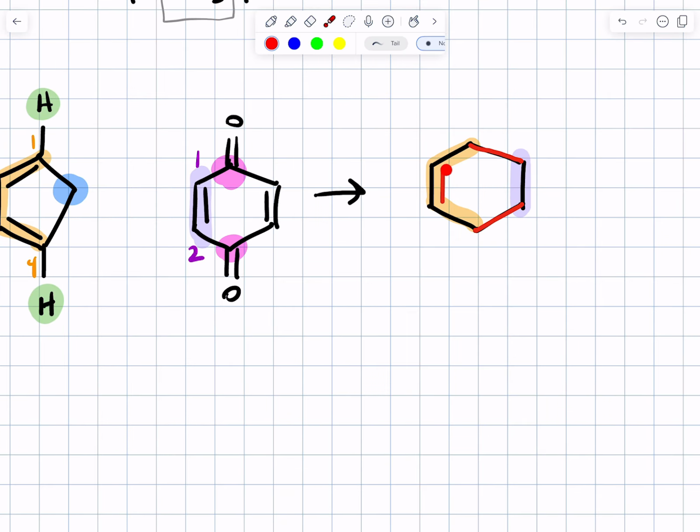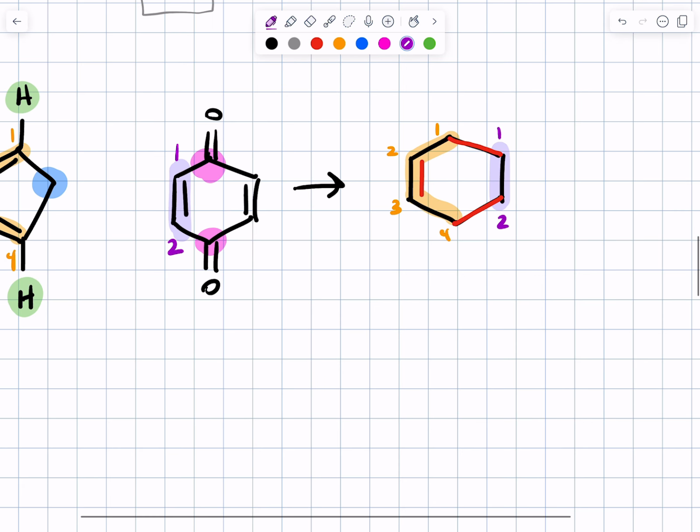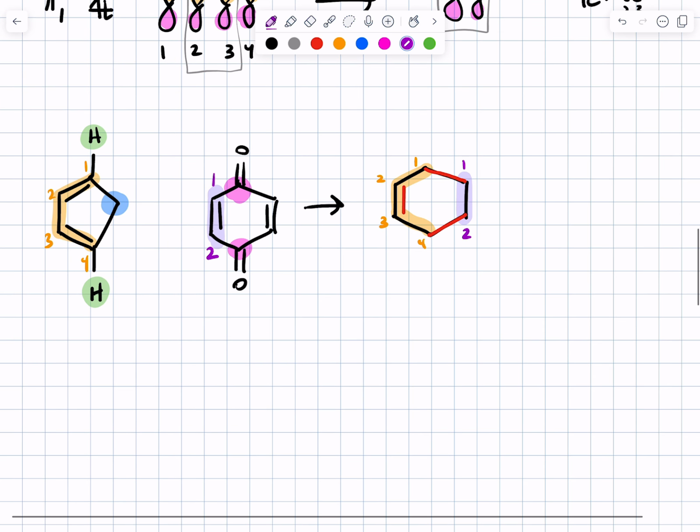If you identify the pi bond in the cyclohexene ring, you have already identified carbons 2 and 3 of the original diene. From that, you can figure out which are carbons 1 and 4 and which were carbons 1 and 2 of the original olefin. Okay? Now, because this reaction happens all at the same time, the inside groups, as I've said before, have to end up on the same side of the ring.